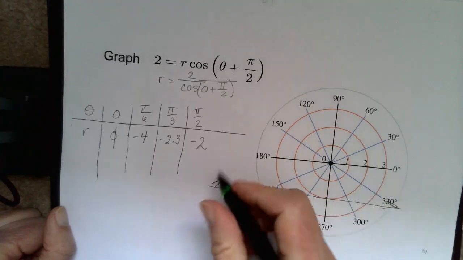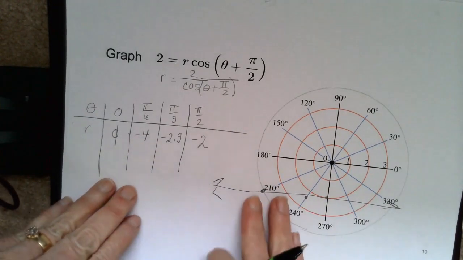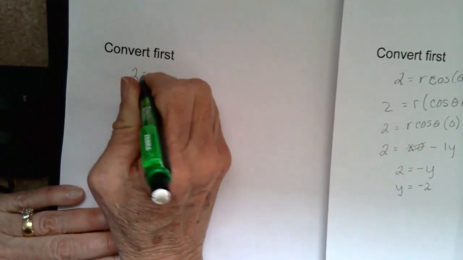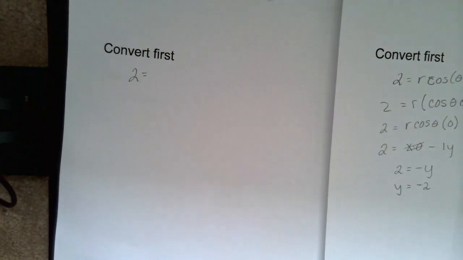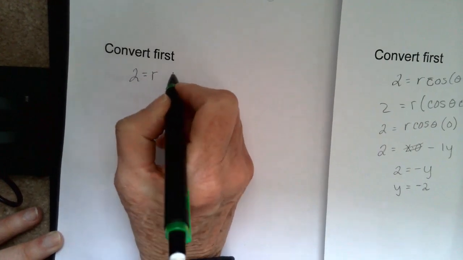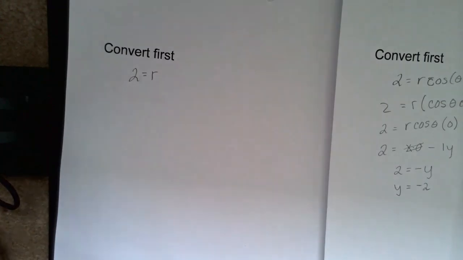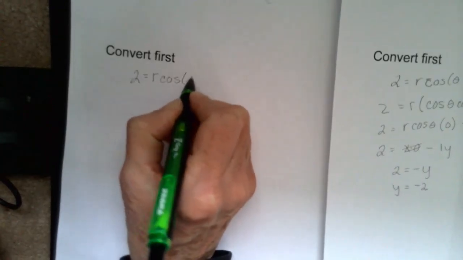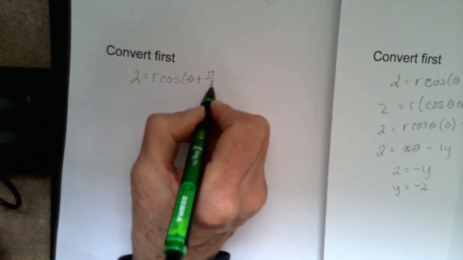Okay, now if you wanted to, you could convert it first and then graph it. So if I converted this, if I converted it, I had 2 is equal to r times the cosine of theta plus pi over 2.